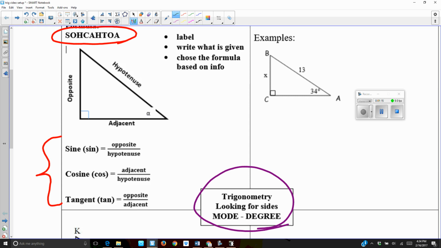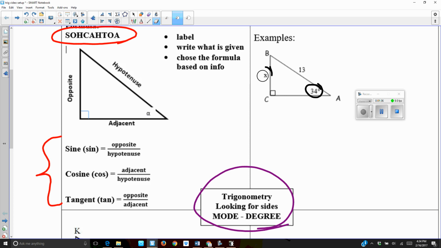So let's start with this first example in the top right corner. You notice the angle they give us in this problem is 34 degrees. So using that essentially as our reference angle, you have to identify whether x is the opposite side, the hypotenuse, or the adjacent side.